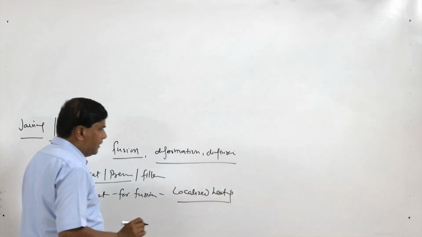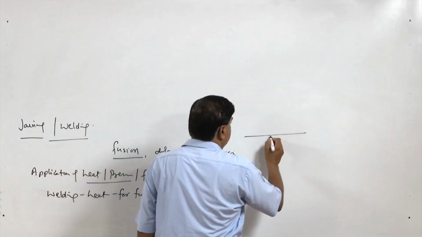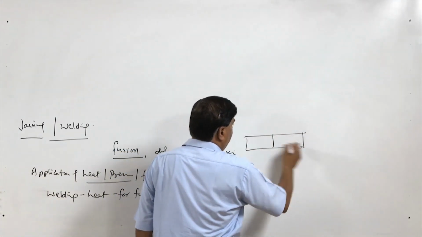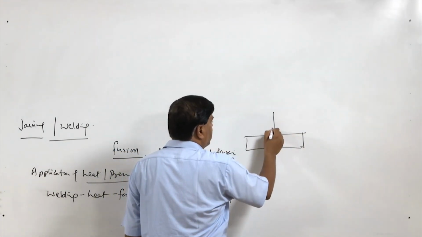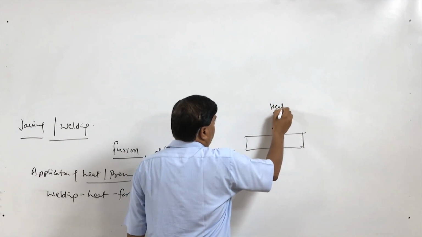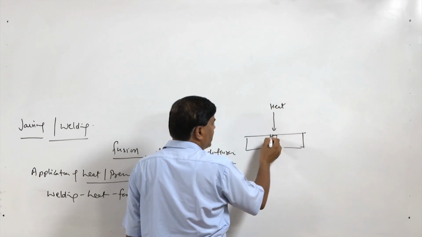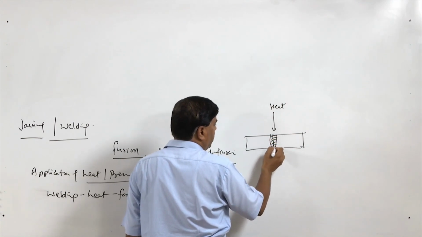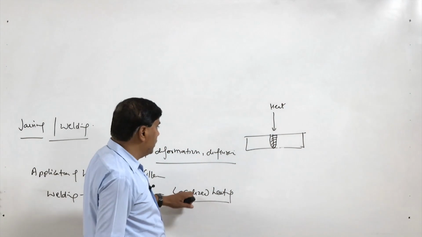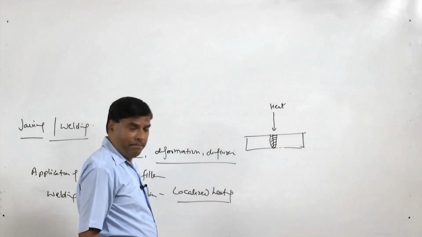Localized heating means if these are the two components to be welded, we apply heat for fusion of the faying surfaces, so that they are brought to the molten state, and after solidification the joint is formed. But this involves the use of very localized heating.